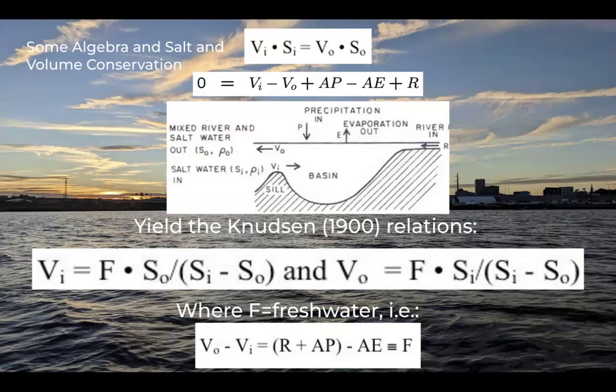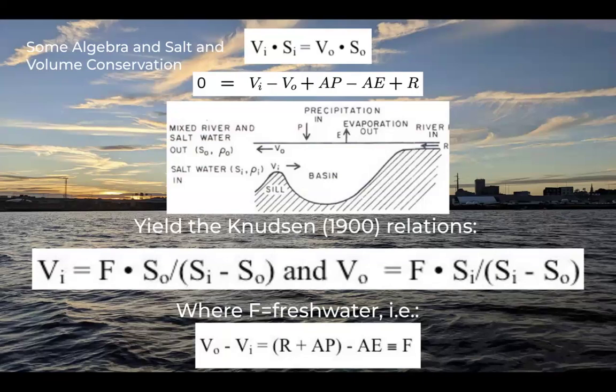When is there a lot of inflow? Just staring at this, there's a lot of inflow if there's a lot of fresh water, maybe. That's a little weird, but we'll come back to that. What about this ratio? When is that really big? How do I make S naught divided by S in minus S out big?